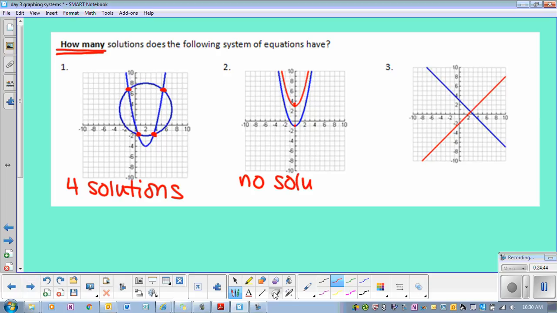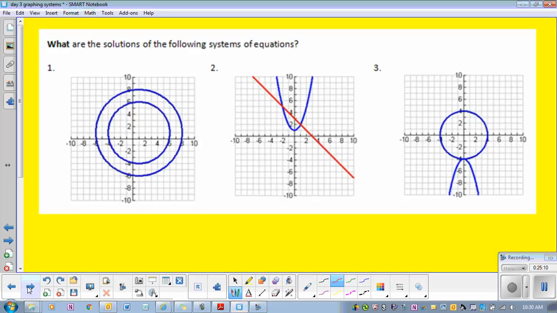I guess we could write none. Okay. How about number 3? How many? 1 solution, because we had the 1 point right there. So one solution. Any questions about that? All right.